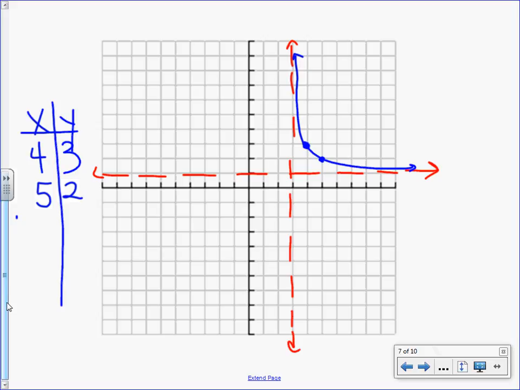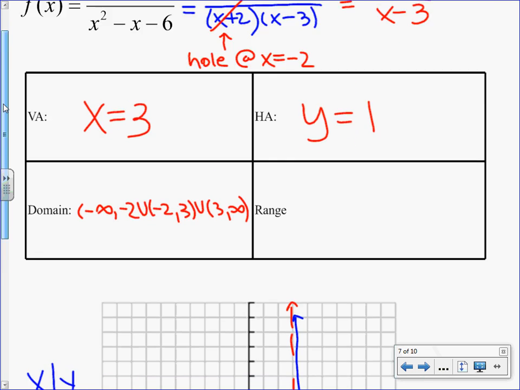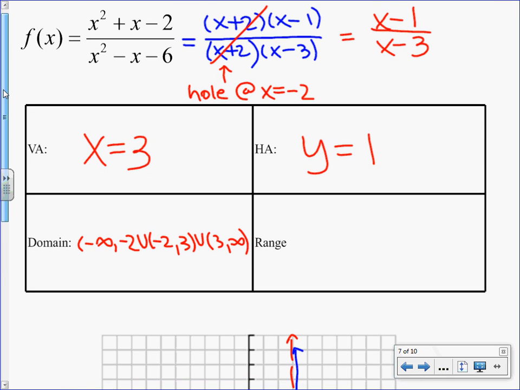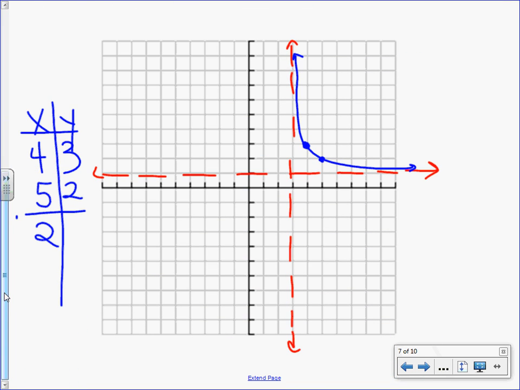Okay. All right, let's look on the other side of our asymptote. What would be a good number to plug in? 2. And what happens when we plug in 2 to the reduced? We get -1. And then what's another value we should pick? 0.